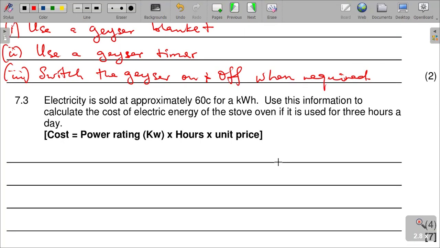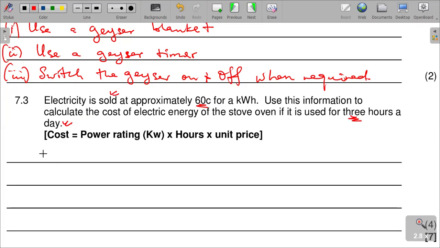Question number 7. Electricity is sold at approximately 60 cents for a kilowatt hour. Use the information to calculate the cost of electric energy of the stove oven if it is used for 3 hours a day.